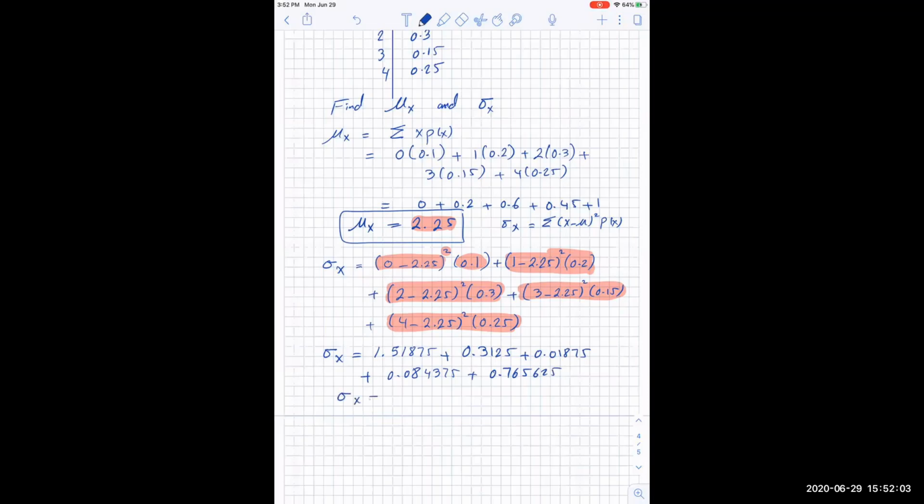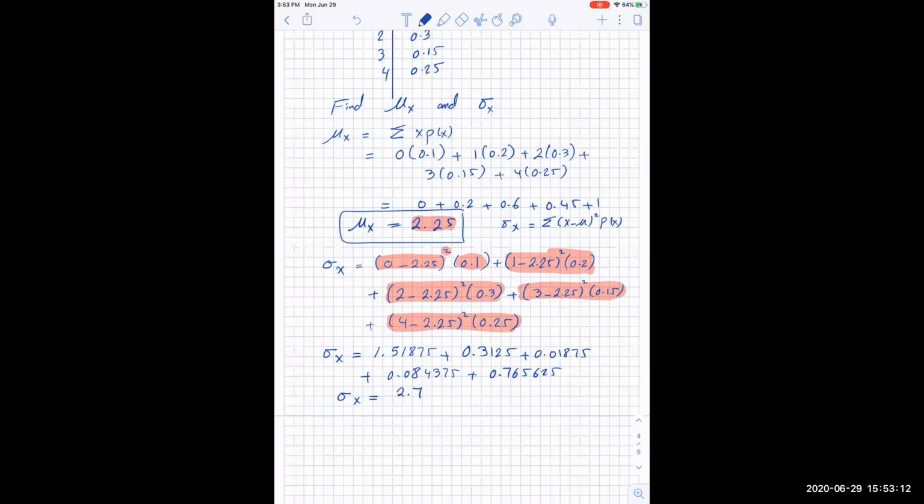And then I'm going to add these values, 1.51875 plus 0.765625, and so on. 2.7. Questions? Did anyone else get 2.7?